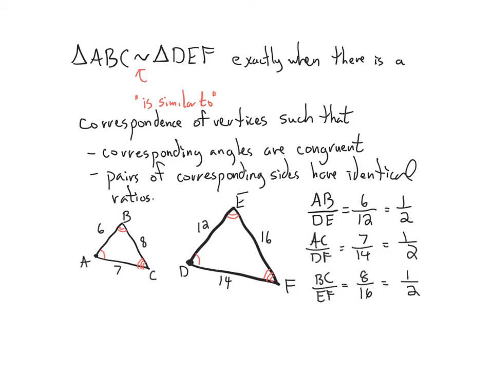So if you need to check if two triangles are similar, you would check that the angles are congruent and all pairs of corresponding sides have the same ratio. But if you know two triangles are similar, then all you need is one pair of corresponding sides to work out the ratio. And if you have one side in one triangle, you can work out the other side in another. In fact, that's the next example we're going to do.